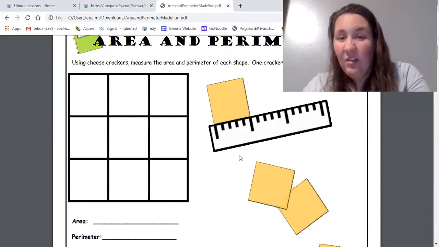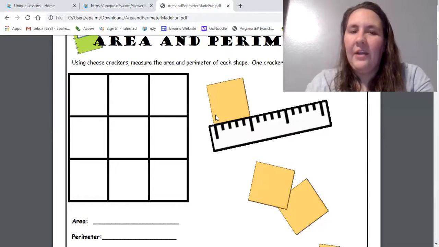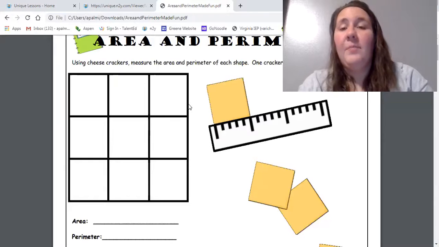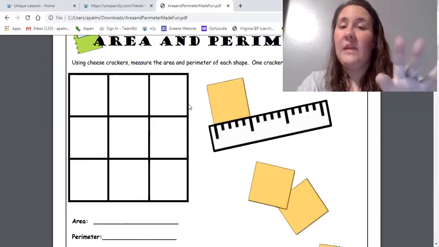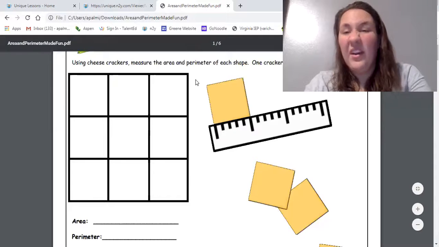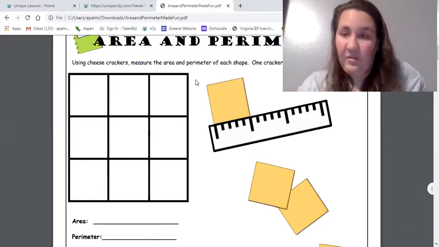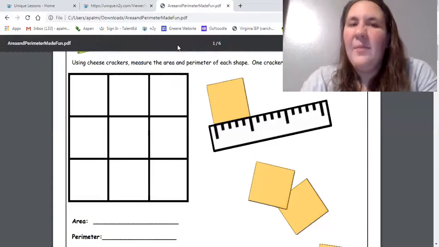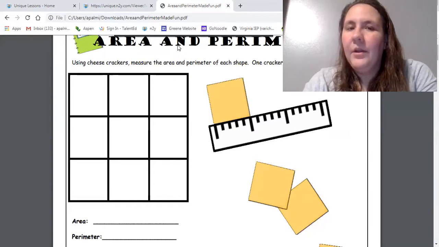It always makes it a little bit better. And then cheese crackers are nice because they fit right into these squares. But I'm going to use my pencil for this so that you guys can see Miss Dailey modeling how to do the answers. It would be very hard for me to use cheese crackers on my computer. So I'm going to stick to using my marker.